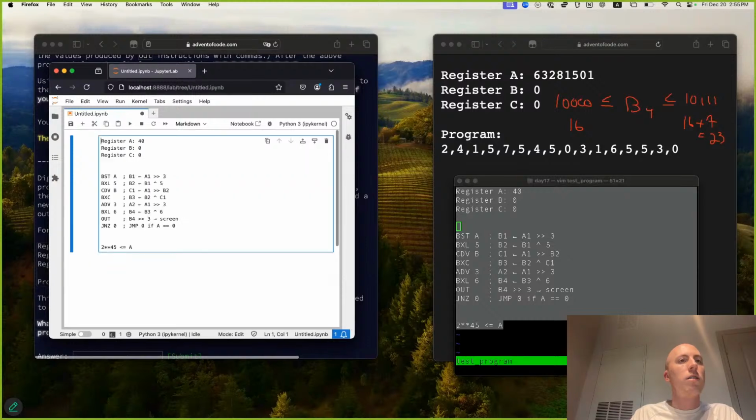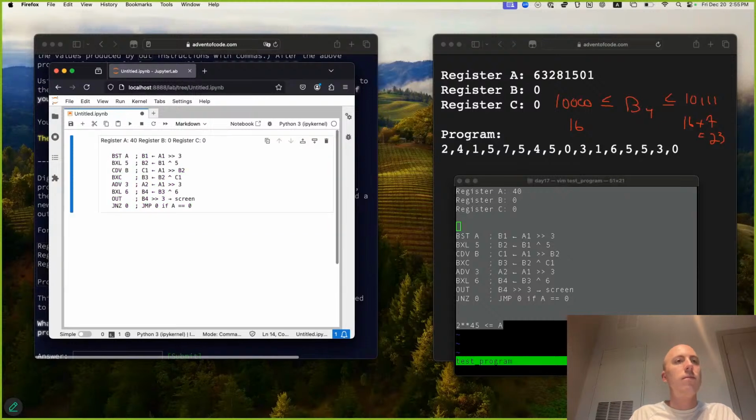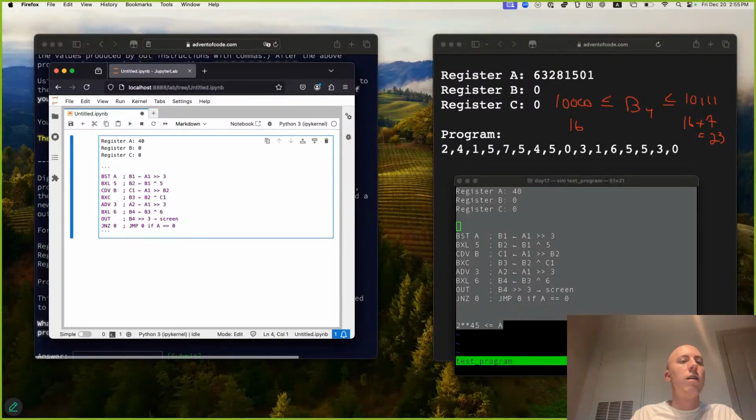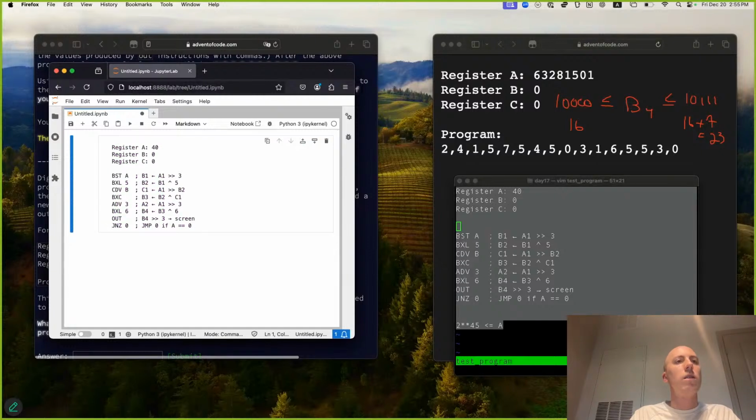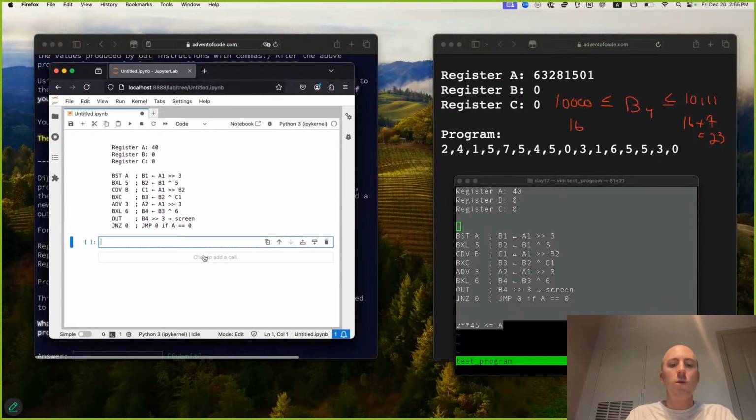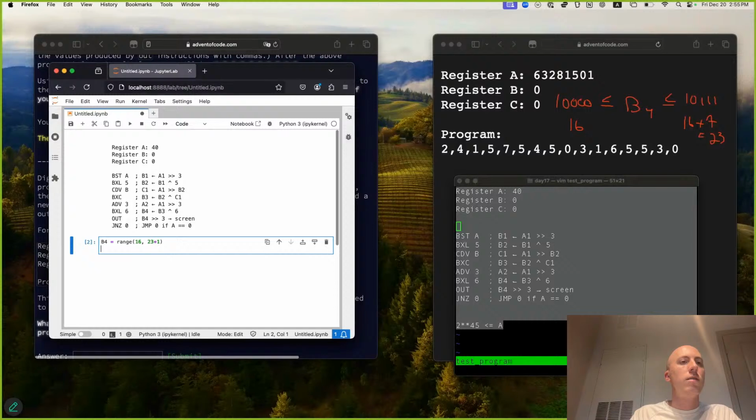Let's do markdown. So we can start off with B4, and it's equal to the range of 16, 23 plus 1.